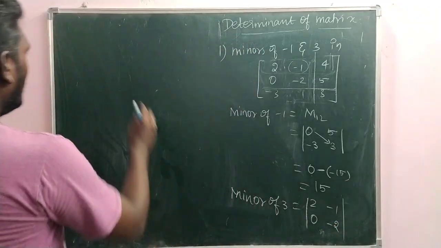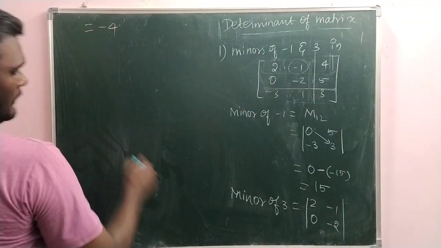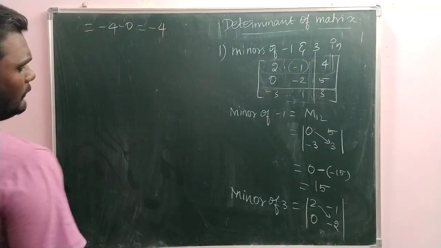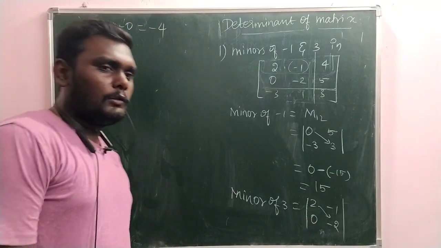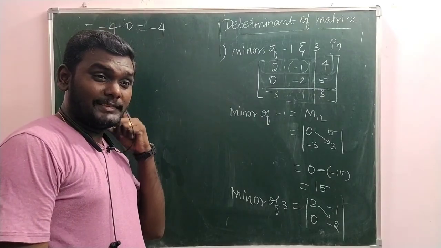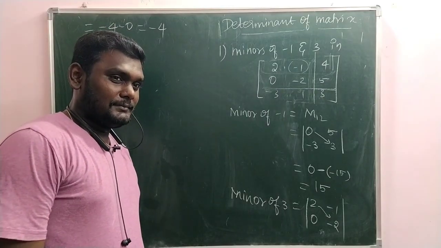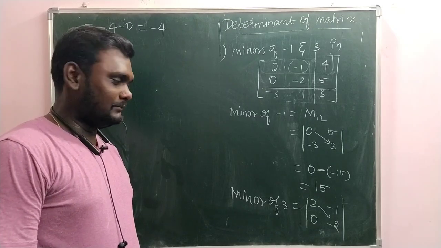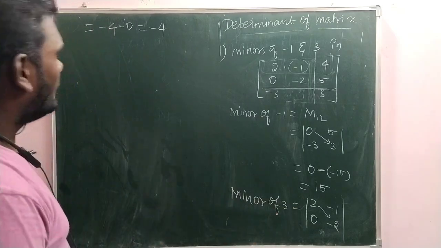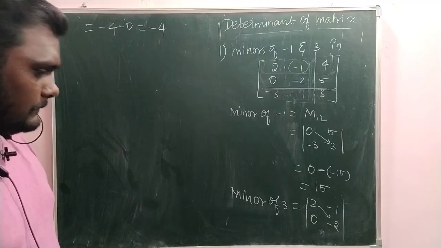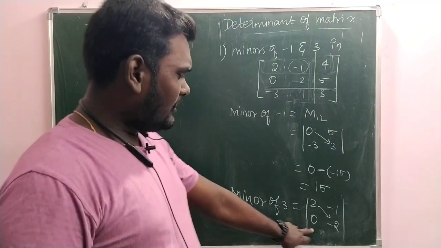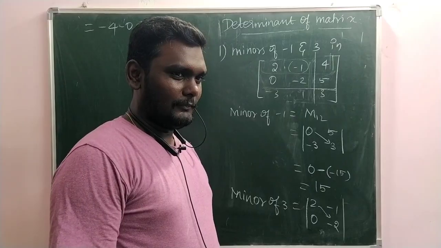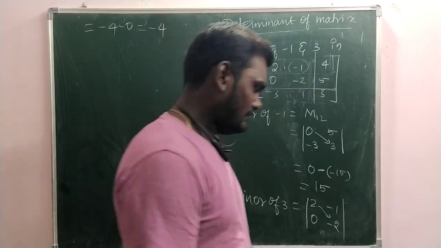Then multiply, we'll get -4 in this direction. -4 minus 0, answer is -4. Then 0 into -1, that is 0. So that is the value of minor.